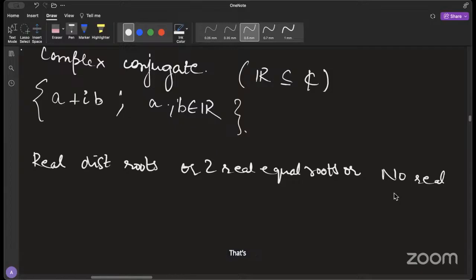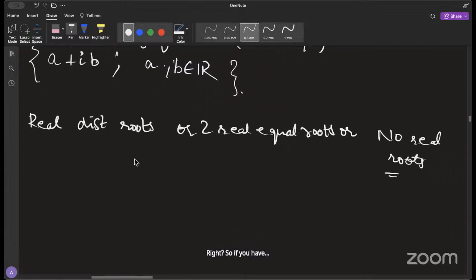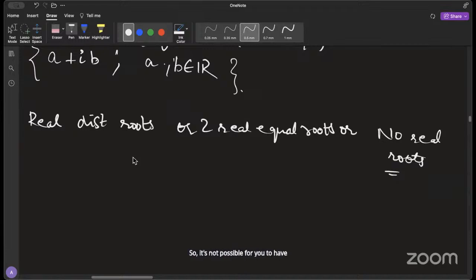That's the only possibility, right? So it's not possible for you to have only one real root. Either both the roots will be real, which is the case in these two, or no root will be real. That means both of them are complex numbers. By complex, I meant both of them are not real, right?